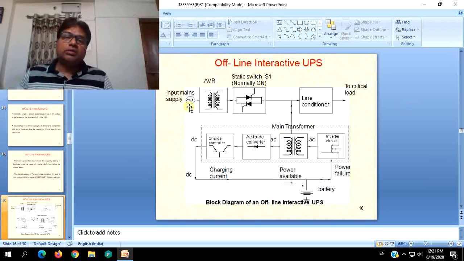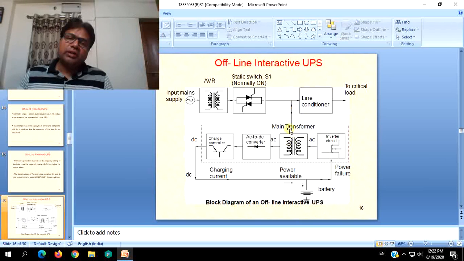Now whenever supply mains is on, proper filtering will be done due to this voltage regulator equipment. Whatever disturbances may occur in the input mains will not be sensed, as it will also act as an isolation. This is normally an on static switch. The load gets the voltage as it is, and the same voltage is given to the main transformer.